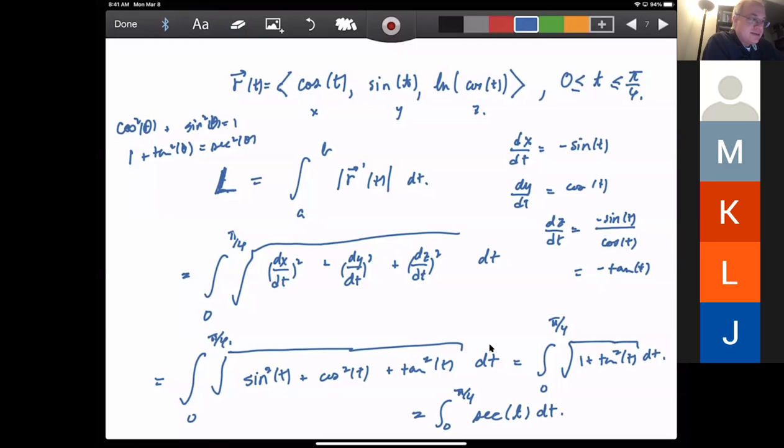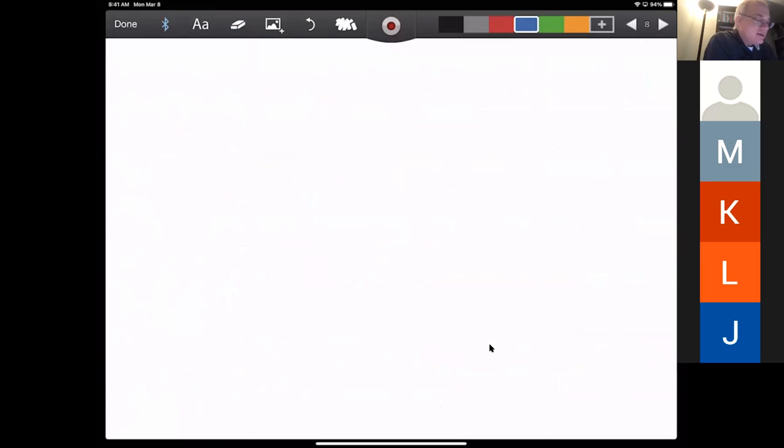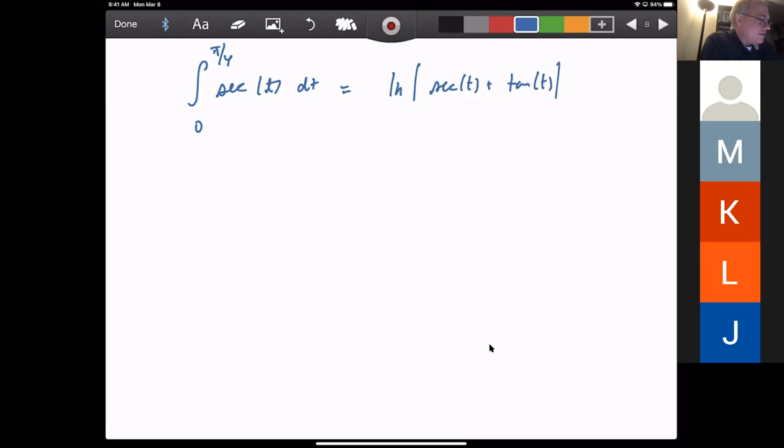And the hint we're given is that we've got the antiderivative we need there. So we don't need an arbitrary constant of integration because this is a definite integral.